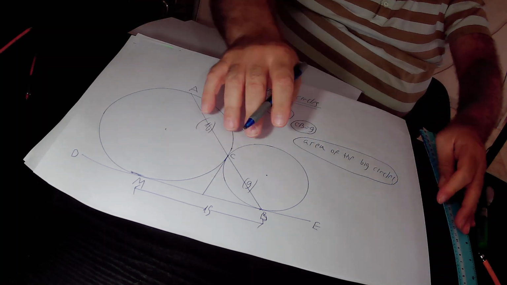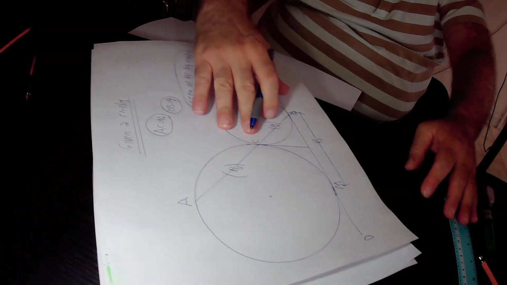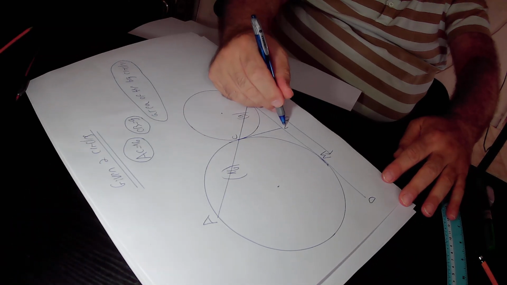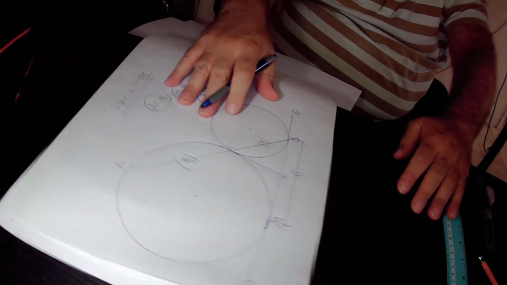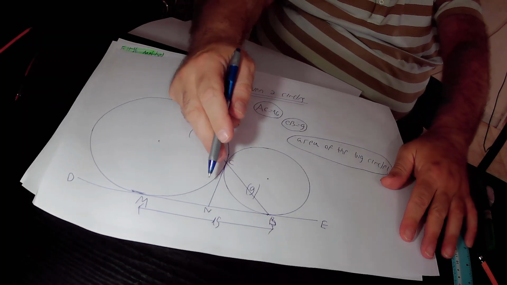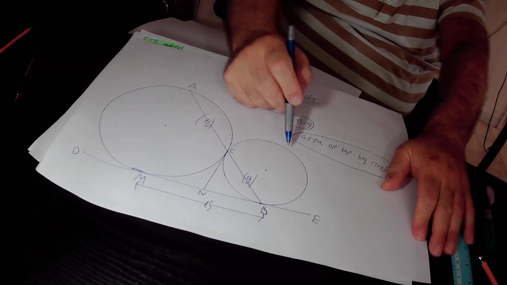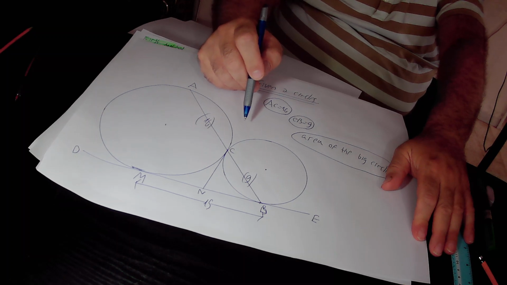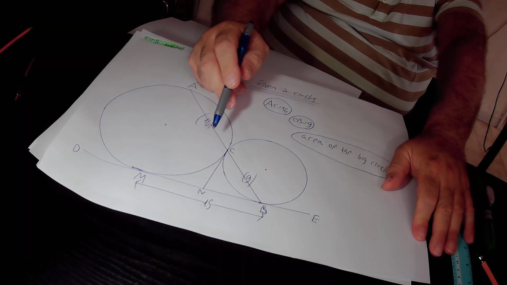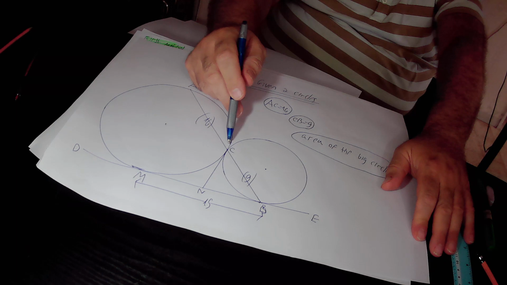This point is point N. So the common tangent CN is a tangent to this small circle at point C, and the common tangent CN is also tangent to this big circle at the same point C.